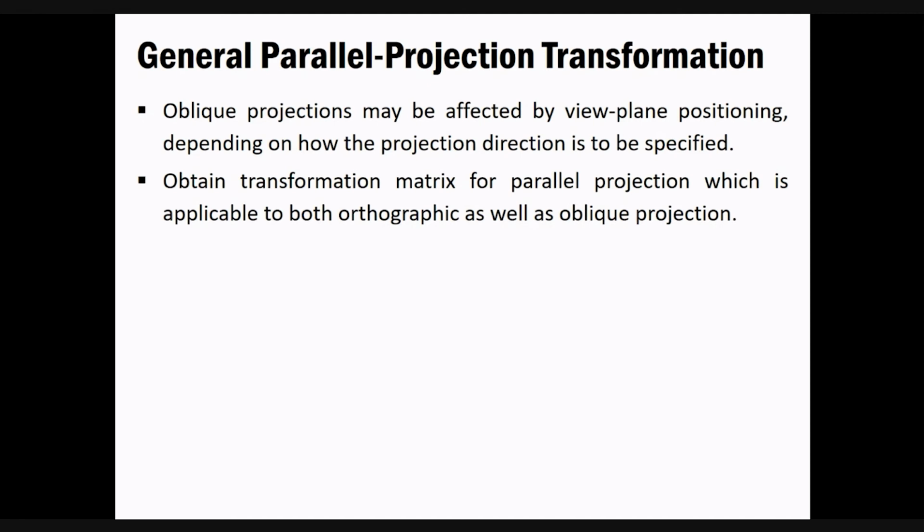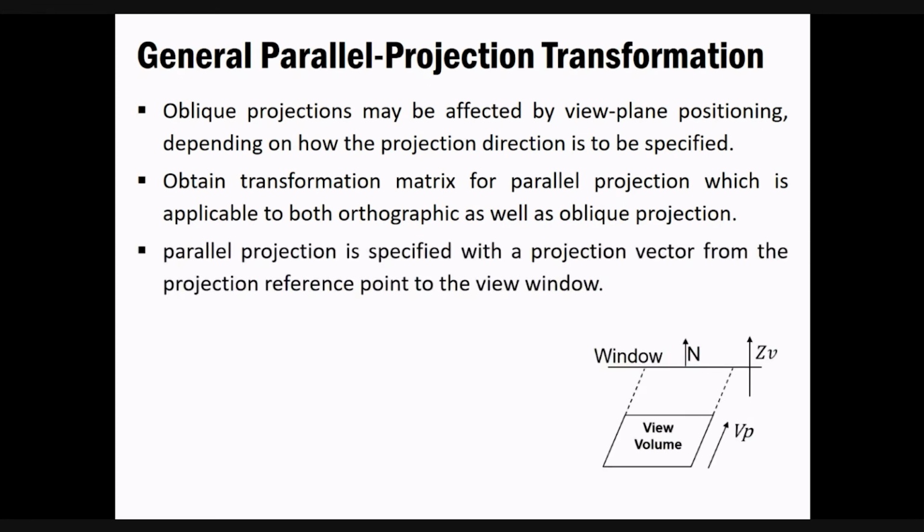Now obtain the transformation for parallel projection which is applicable to both orthographic as well as oblique projection. Our goal is to get a matrix for such a projection that can be applied to both, so that we don't get anything distorted or different from the real thing we want to display.